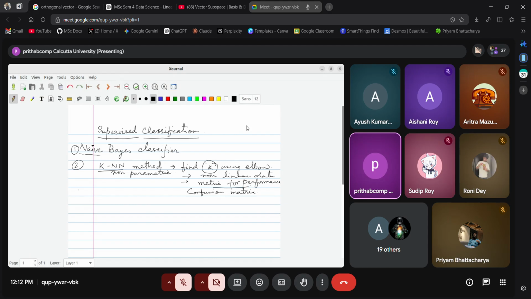In both cases, since it is supervised classification, these are all labeled data, right?